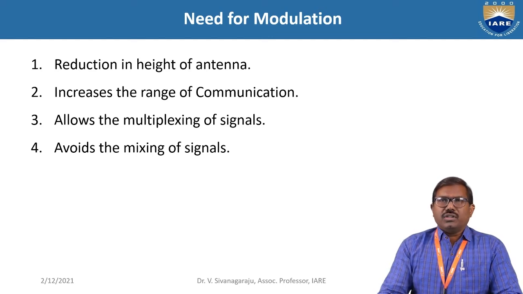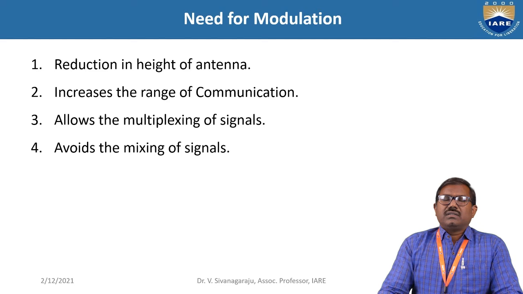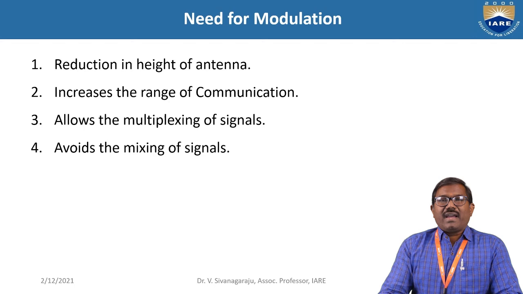So the need for modulation: why are we going to modulate? What are the advantages of modulation? The first one is reduction in the height of the antenna. We already know the formula C equal to F lambda, so the wavelength lambda is equal to C by F. Generally the height of the antenna is taken as lambda by 4.